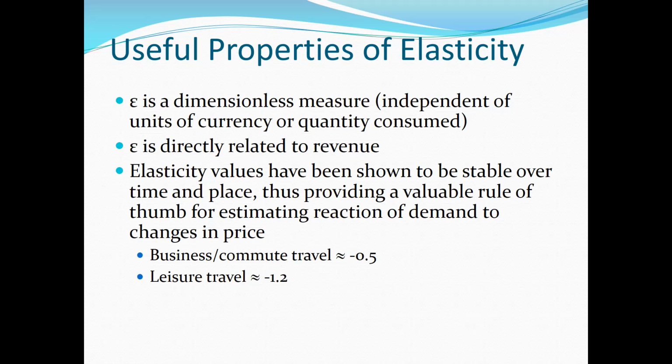So if we do settle and find an equilibrium at a higher potential for remote work than we had pre-COVID, what do you think that does to the elasticity for business and commute travel? What happens to the elasticity for business and commute travel?